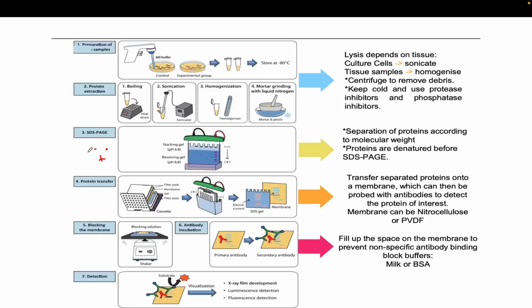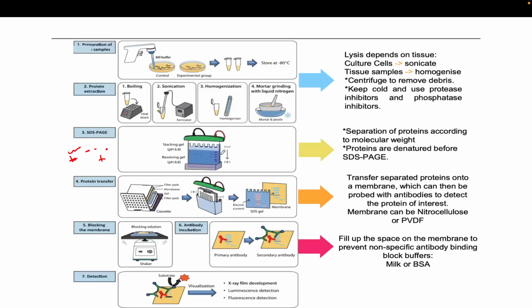So you have to add SDS, which is an anionic detergent. Suppose this is the protein molecule; the anionic detergent provides uniformity to the protein mixture by giving it a negative charge. Now every protein has the same charge.